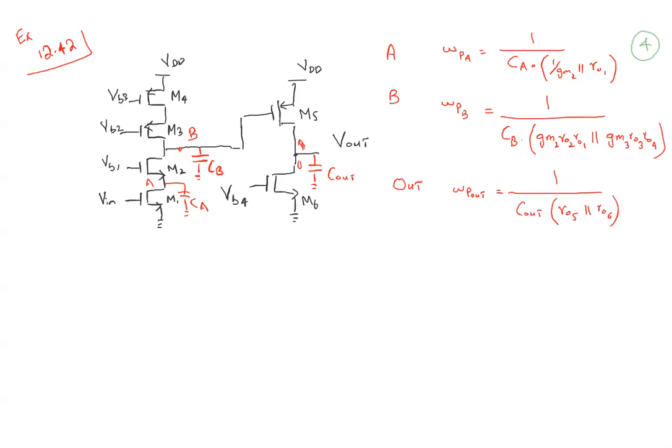Now, if it is given to us in the problem that CA is equal to CB is equal to Cout, can we infer something about these pole locations? Which pole will be lying where, or which will be dominant and which will not be dominant? Yes, I guess we can say something about this one. If I draw the Bode plot based on this information, the first thing we know is that if all capacitors are equal, which impedance is going to be the biggest value?